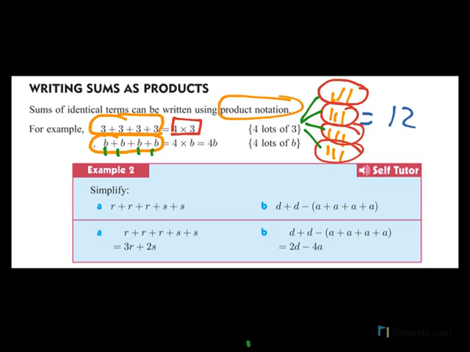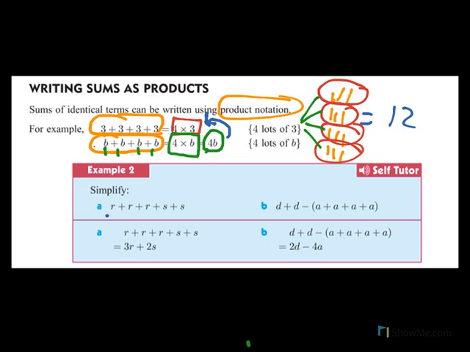So we could write this expression as 4 times B, which equals 4B. 4B is the same as what we wrote here. There are 4 groups of 3, so 4 times 3. Here there are 4 groups of B, so that's 4 times B. That's 4B. This is product notation.